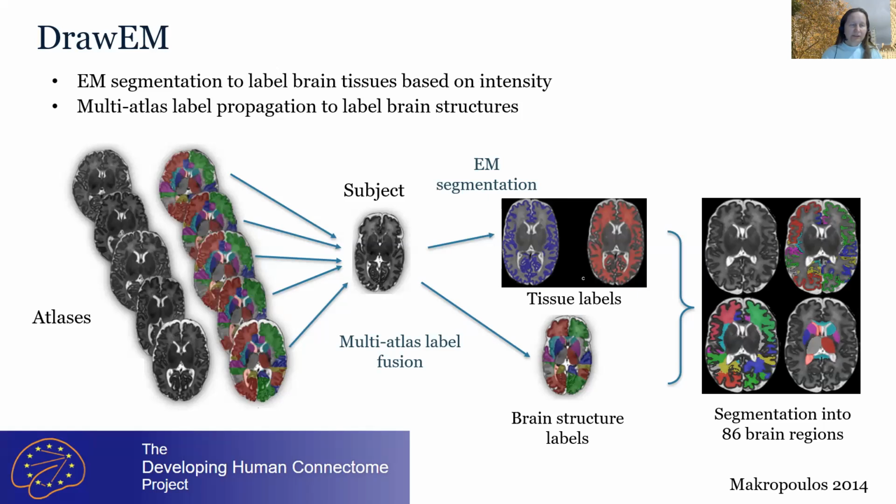And the final thing on label propagation I want to tell you about is the state-of-the-art method called DrawEM that has been used to produce segmentation in the Developing Human Connectome project. Here the atlases actually are a little different.